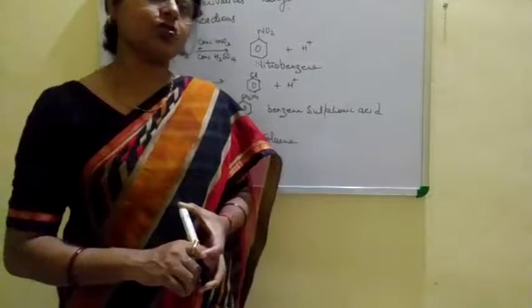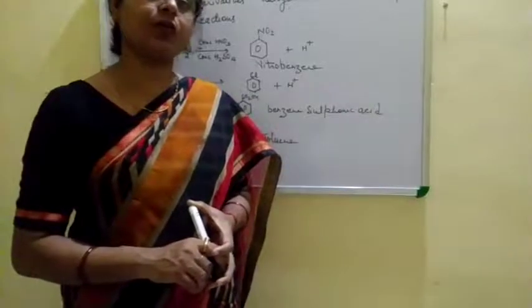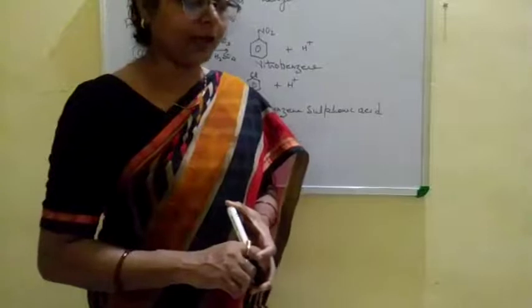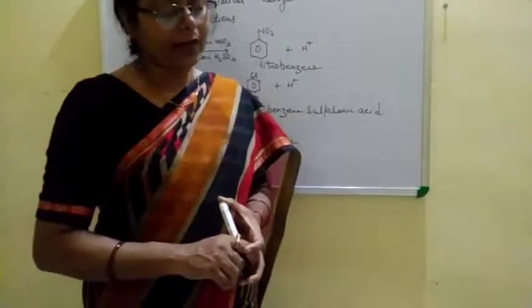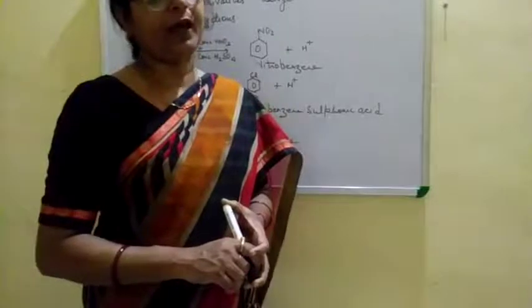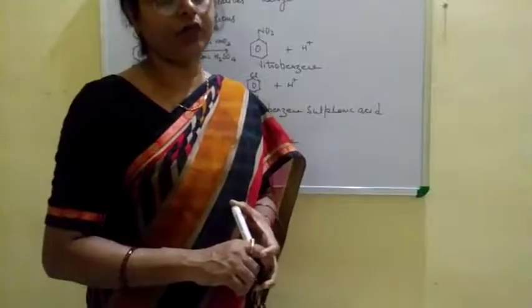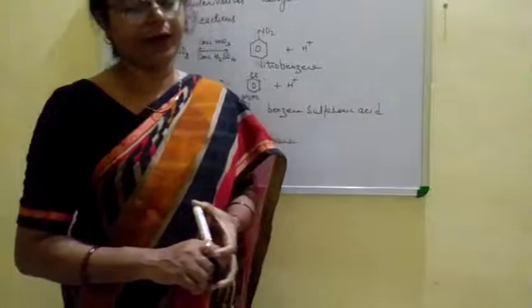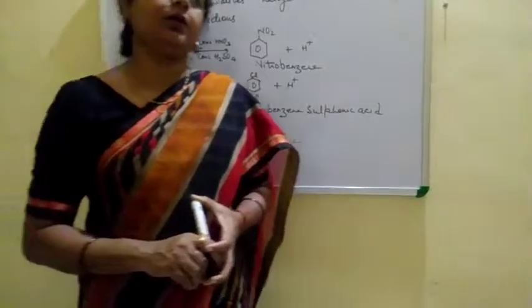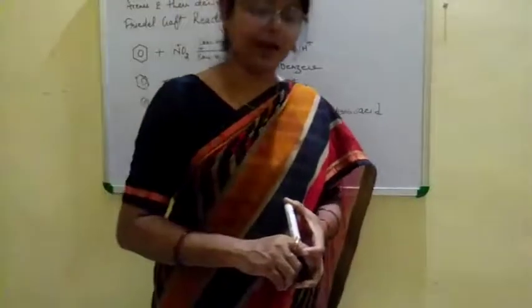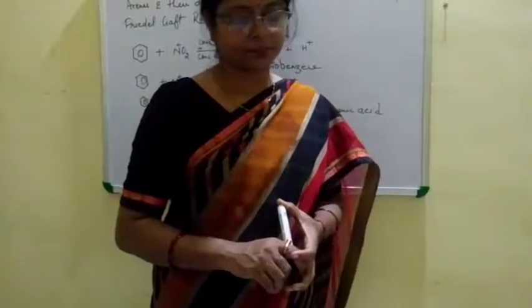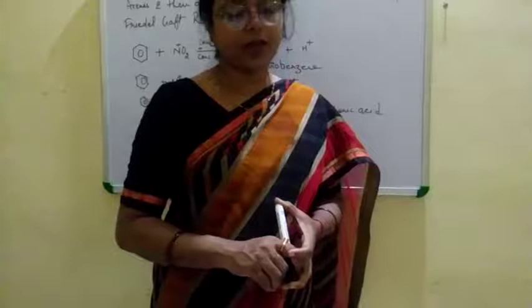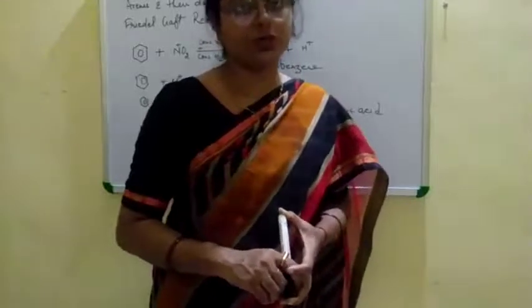Pyrolysis or thermolysis takes place and chlorine free radical is formed, which attacks the alkane and displaces the hydrogen atom from it. I will explain this just now.